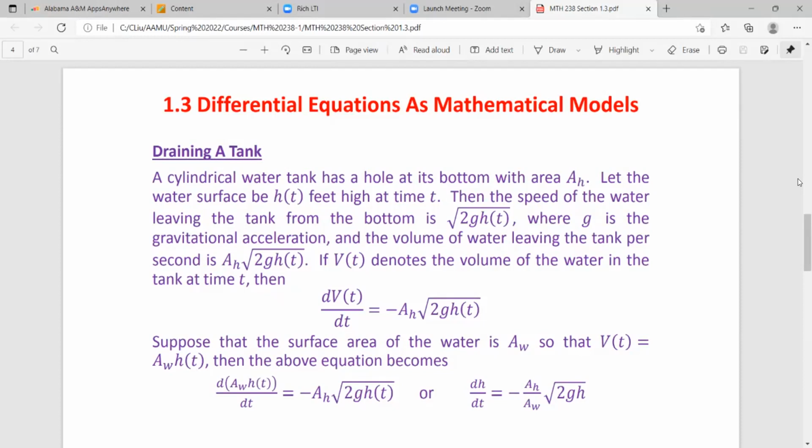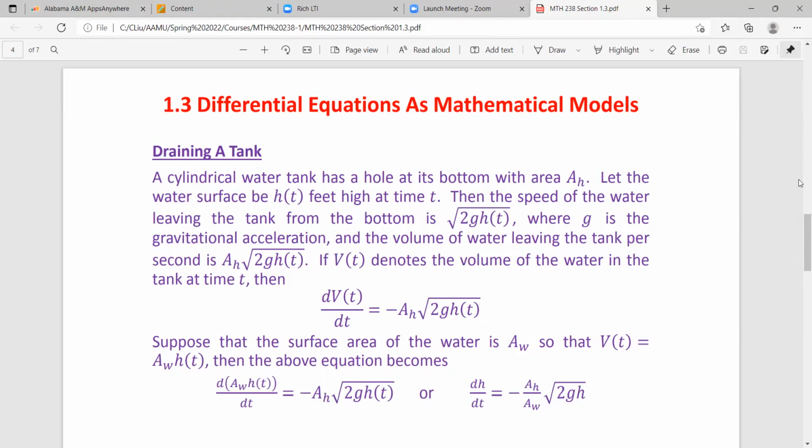Then we can rewrite the differential equation by using only h of t. Okay, so if you plug in A sub W times h for the volume V on the left-hand side, then we get d of A sub W times h over dt equals negative A sub H times square root of 2gh. And then A sub W is the surface area of the water.